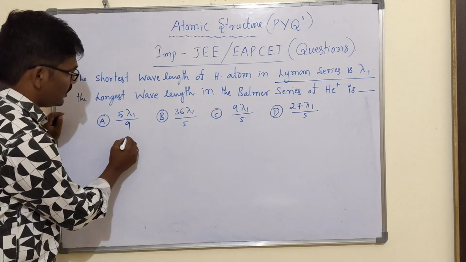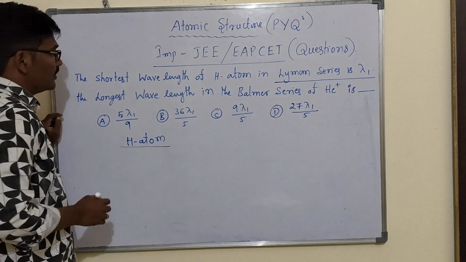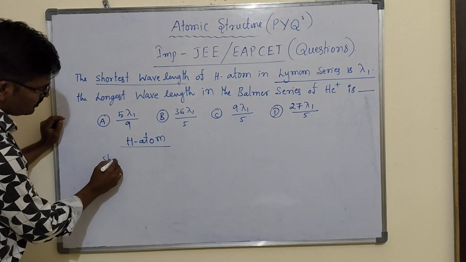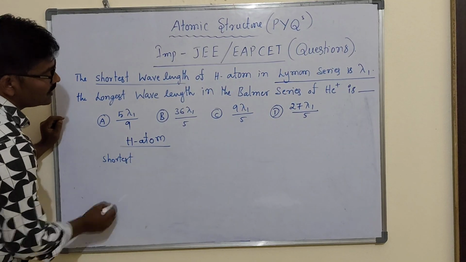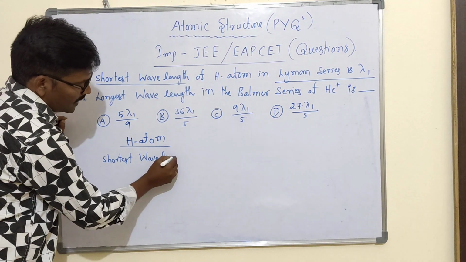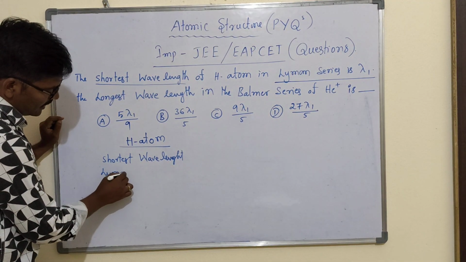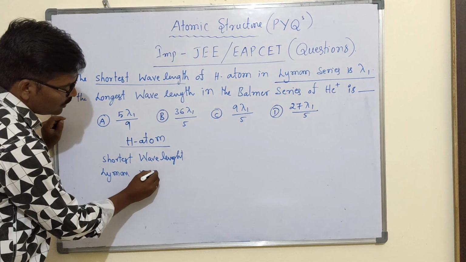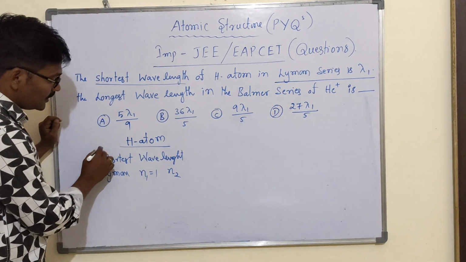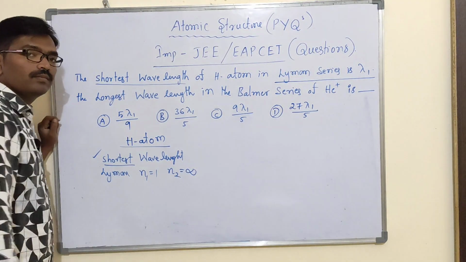First the hydrogen atom is given, then the shortest wavelength. When the shortest wavelength is given, in the Lyman series, as we know, the n1 value is 1. For n2, when the shortest wavelength is given, you have to take it as infinity.